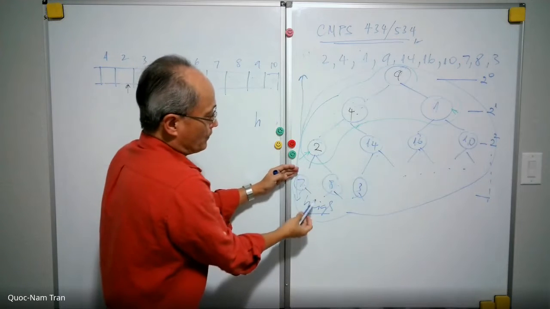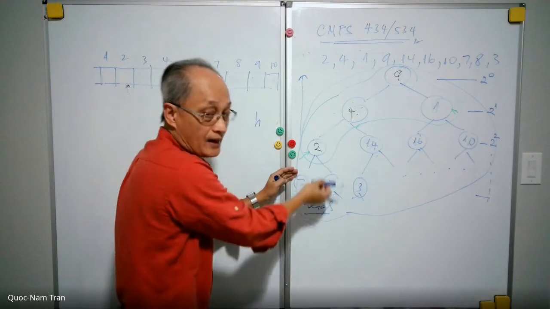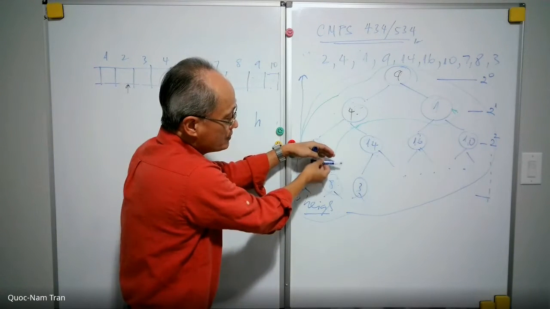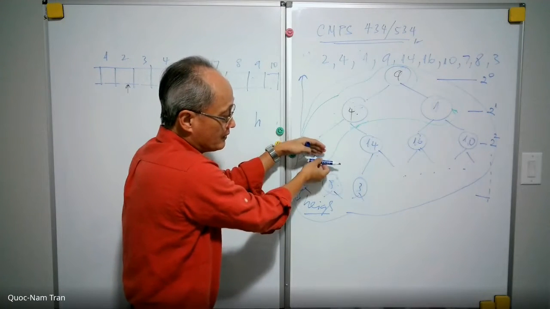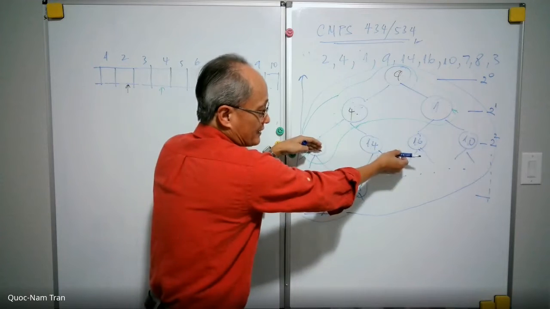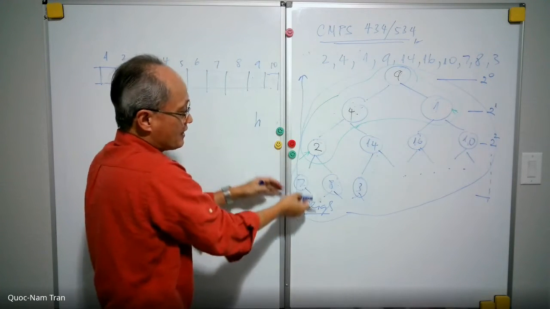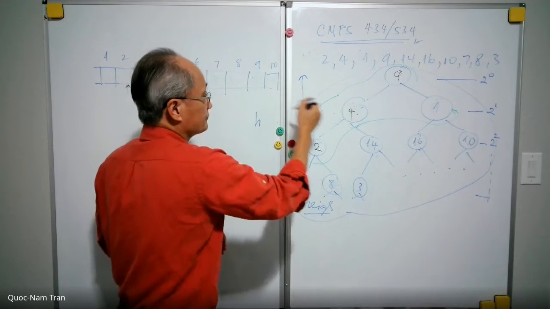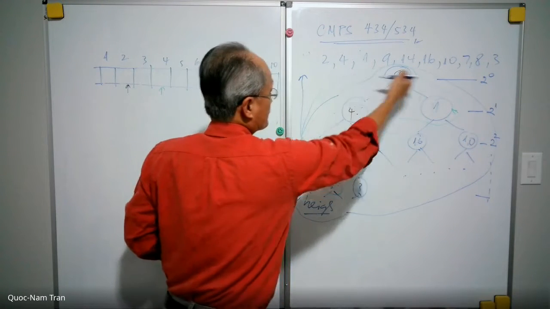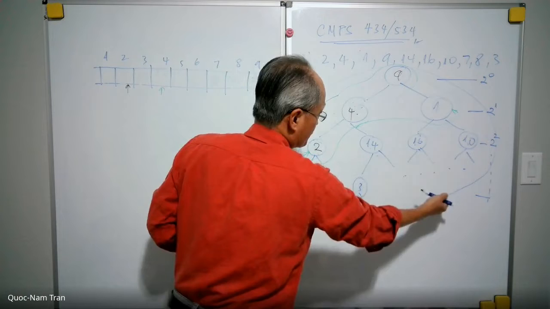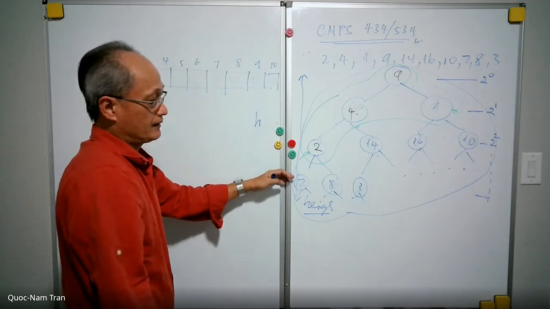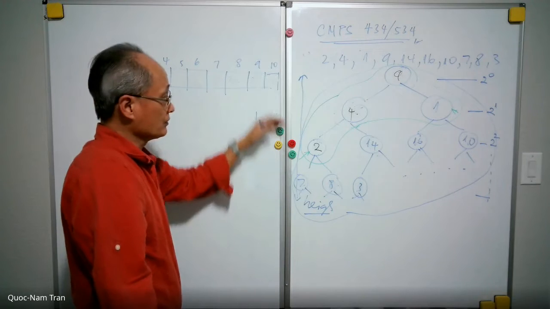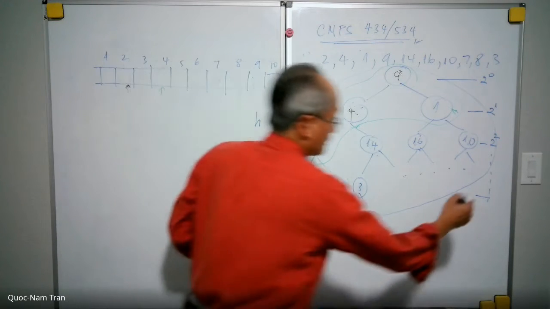Remember that a heap is a binary tree that is full until the level before the last. If the height is h, it will go from level 0, level 1, up to level h, because the height is h.